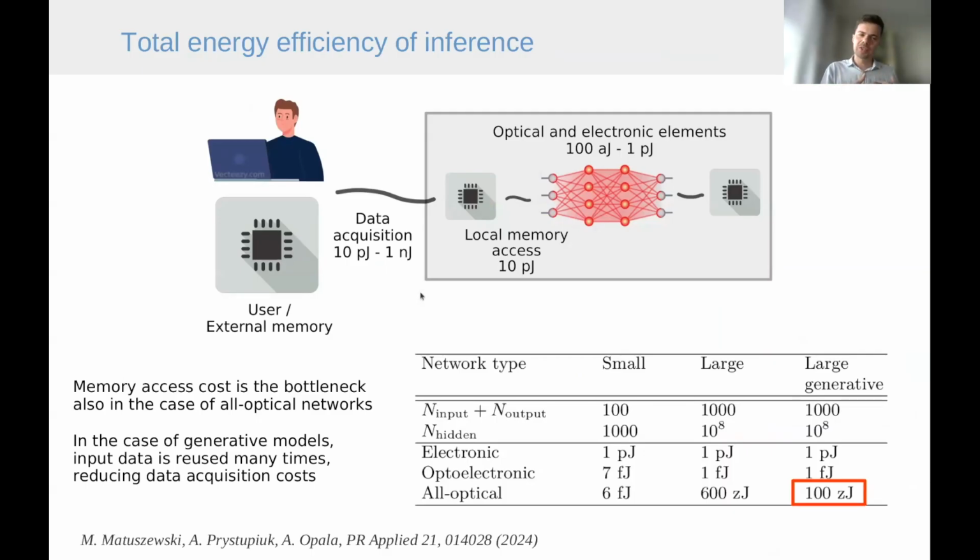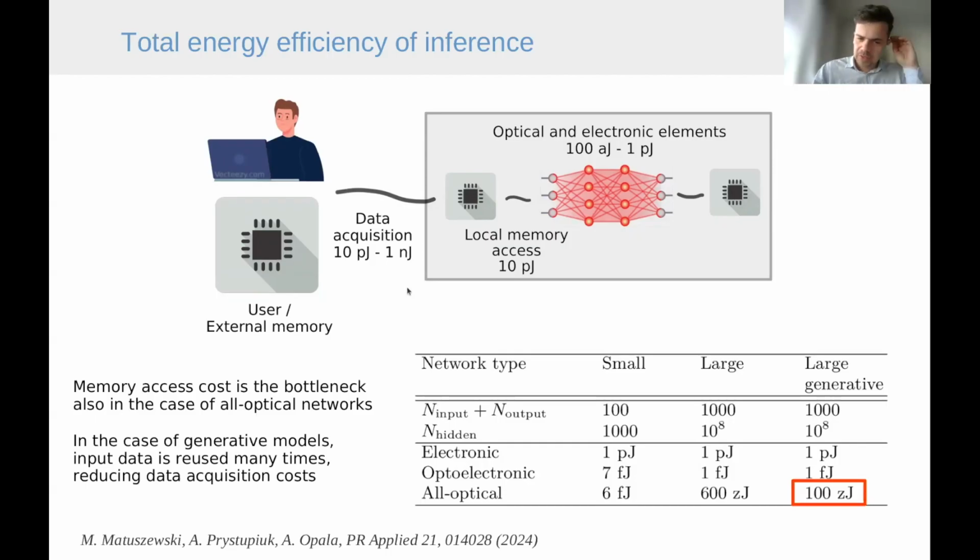So if we want to create a system that is more energy efficient than electronics, we need to take care not only that our optical operations are energy efficient, but also that all the additional auxiliary systems are not creating more energy loss that contributes to energy efficiency.